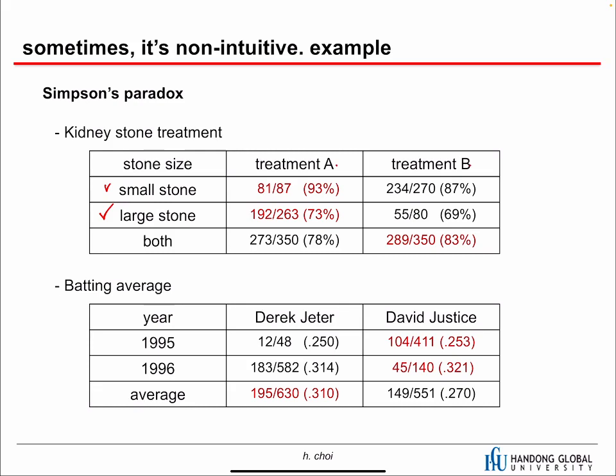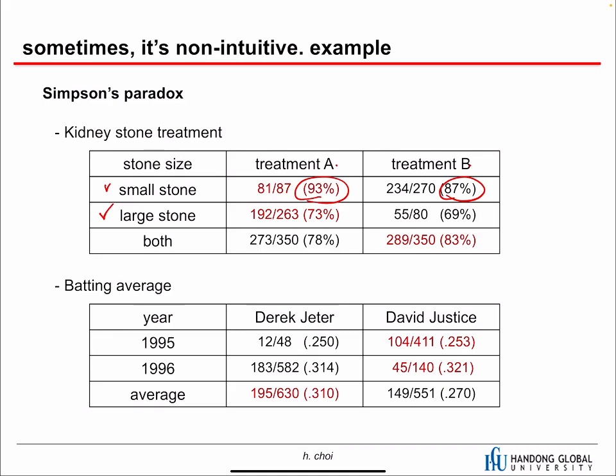So we have two cases. For a small stone, if we calculate the success rate of treatment A, then that is 93%. But for treatment B, it is 87%. Which means for small stones, treatment A is more accurate. So we have to apply treatment A, right?